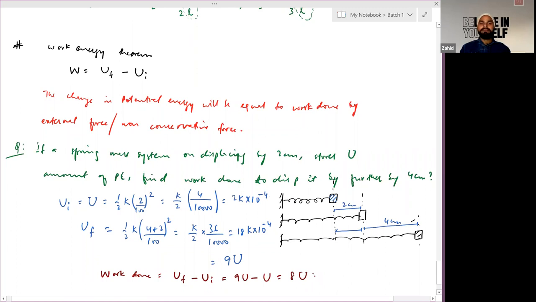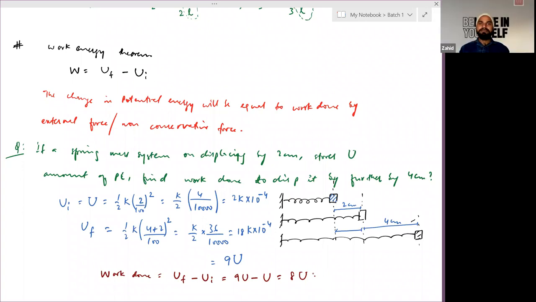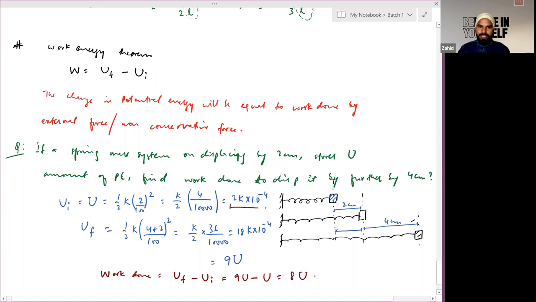Is it clear how I have defined it in terms of U? Yes, sir. Hishma, any doubt? Can you say how you got 9U? Okay. Since the initial is 2k into 10 to the power minus 4, which on solving is nothing but U according to the question.